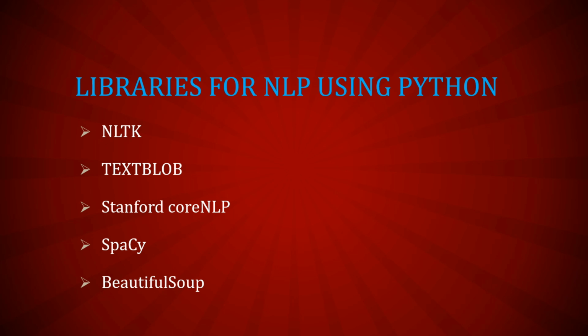These libraries are via Python. First one is NLTK, the Natural Language Toolkit. Then TextBlob, and Stanford NLP, PyPDF and Beautiful Soup. Beautiful Soup is also a library which is used for scraping.